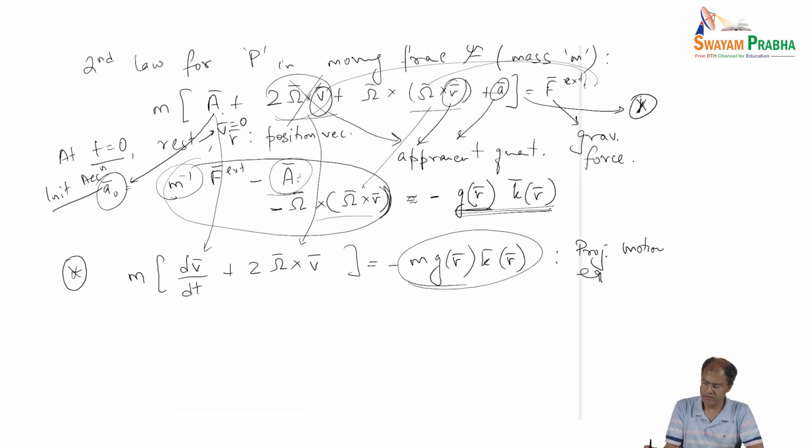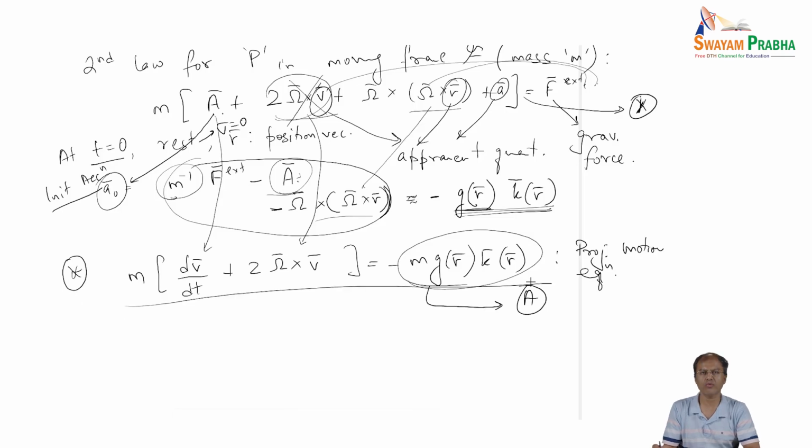We are going to keep this as our equation A, and whenever we want to study the motion of an object taking into account the Earth's rotation, we are going to use this equation of motion A. This is our new Newton's second law, taking into account the effect of the Earth's rotation.